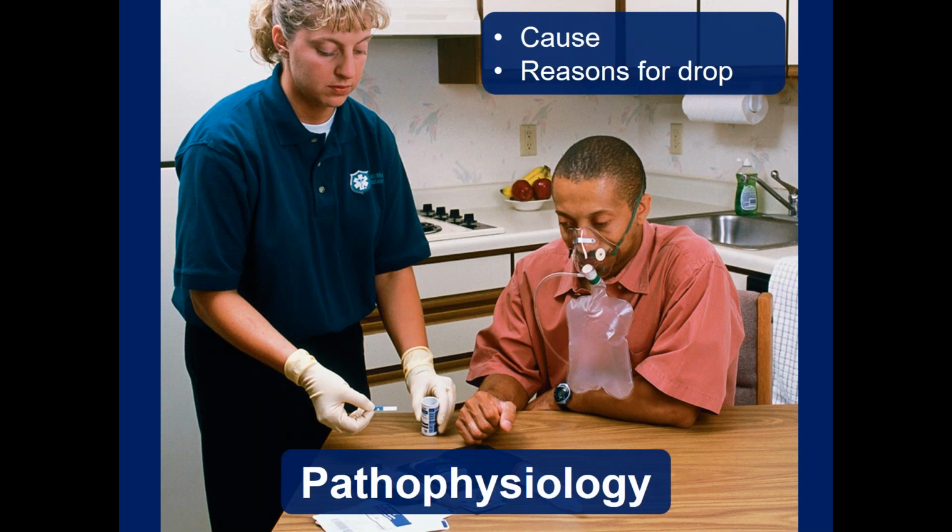I say consider because the administration of oral glucose comes with a couple of caveats. Our patient needs to be able to speak to us, they need to be able to follow instructions, and they need to be able to protect their own airway.